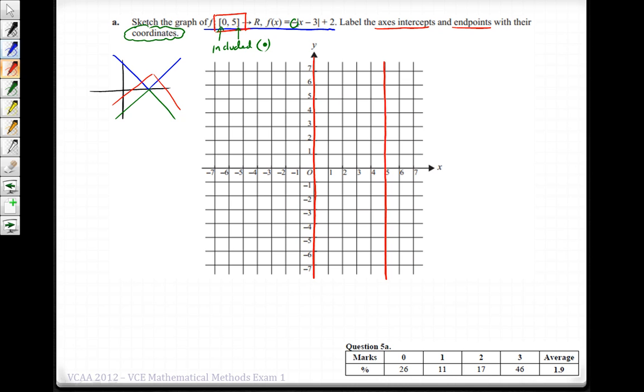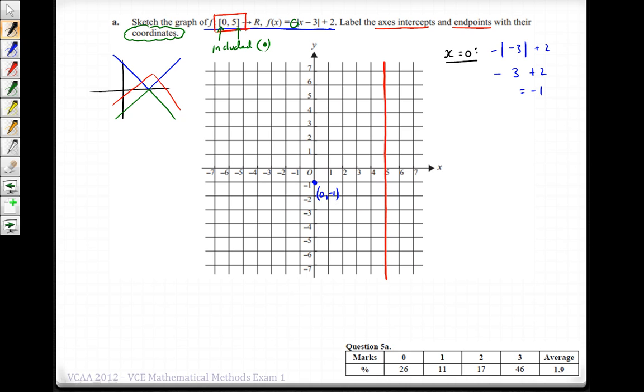So just roughly, if we looked at the x equals 0 case, we would get negative of the modulus of 0 minus 3 plus 2, which is just negative 3 plus 2 equals negative 1. So that's going to be the coloured in dot along that first line there. So that's one endpoint, and we're going to label its coordinates as being 0, negative 1.